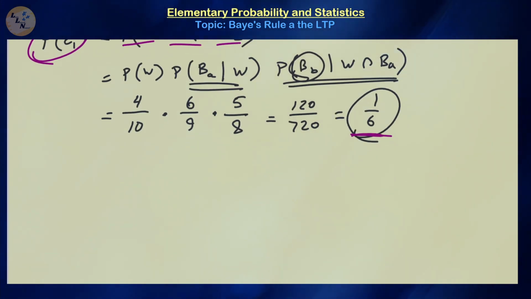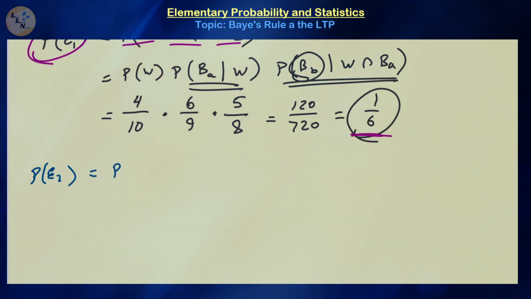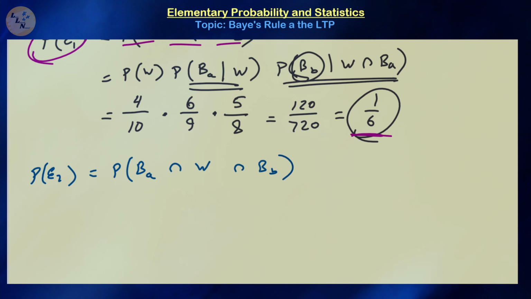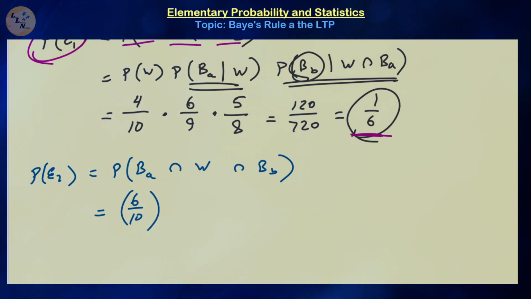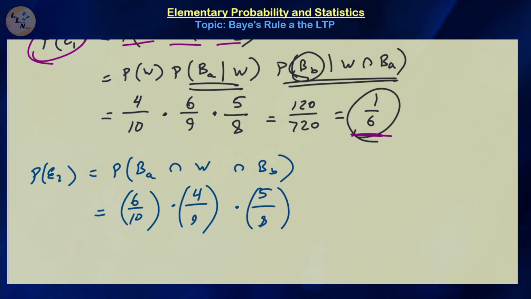Now let us look at the probability of event 2. The probability of event 2 is the probability of getting a blue shirt person, then a white shirt person, and then another blue shirt person. So that's going to be equal to 6 out of 10, because there's 6 blue shirts out of a total of 10, times 4 divided by 9, because there's still 4 white shirt people, but one less person because I've already selected one, times, now I'm selecting another blue person, so that means there's 5 left out of a total of 8.